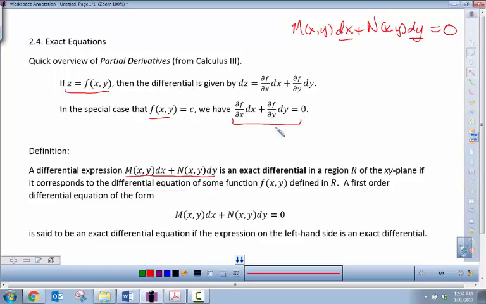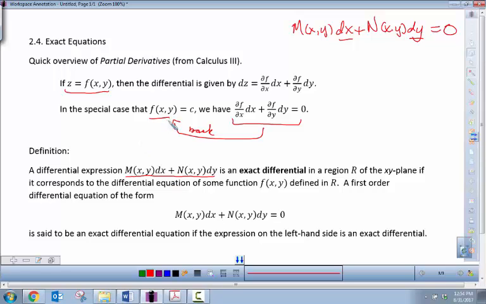So with that differential equation, what we want to do is backtrack to try to obtain the original function where we have x's and y's, and then if we're so lucky, we might even be able to solve for y, in which case we would have an explicit solution.